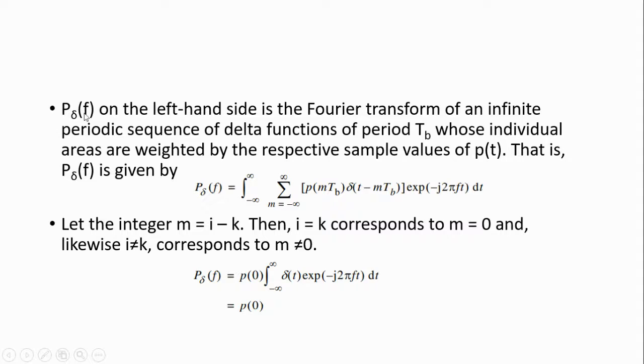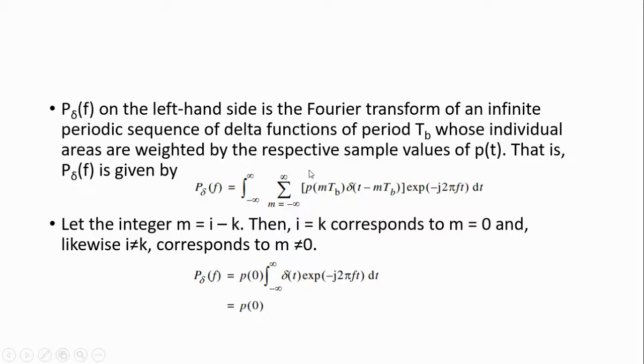Here P_delta(f) on the left-hand side is the Fourier transform of an infinite periodic sequence of delta functions of period Tb, whose individual areas are weighted by the respective samples of p(t). P_delta(f) is equal to the integral from minus infinity to plus infinity of the summation over m from minus infinity to plus infinity of p(mTb) delta(t minus mTb) times the exponential of minus j2 pi f t, dt.